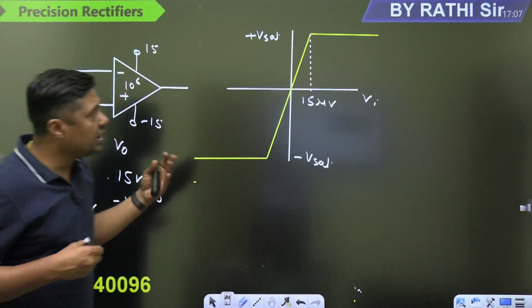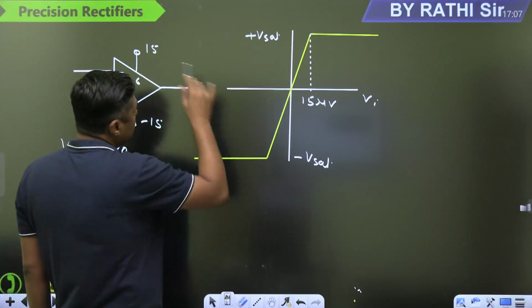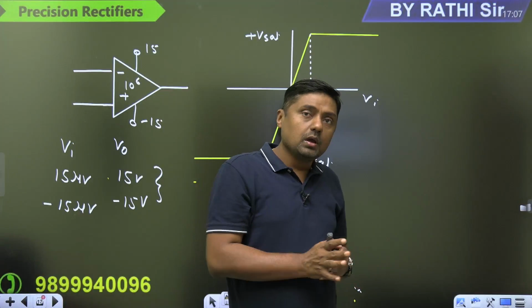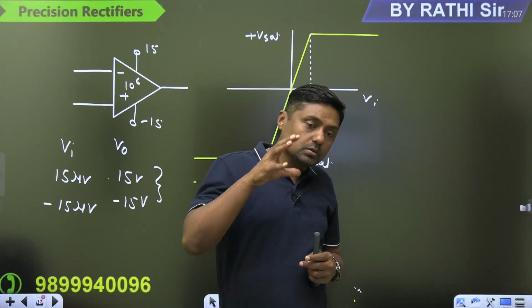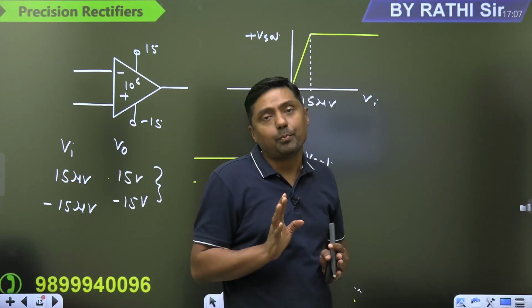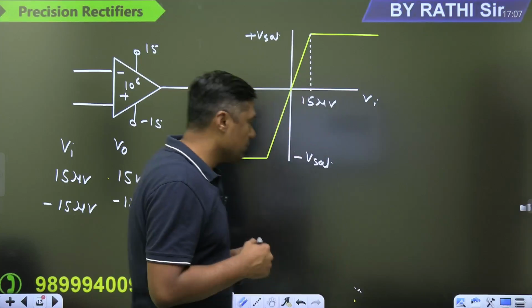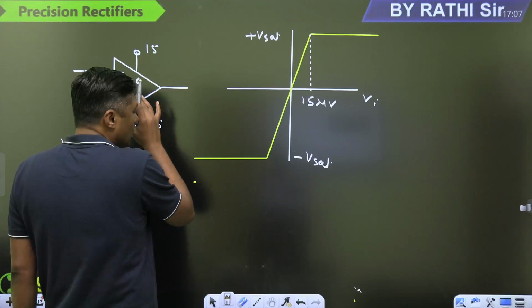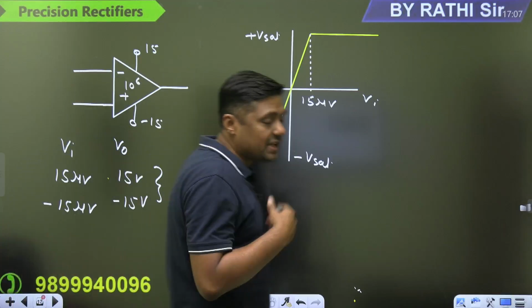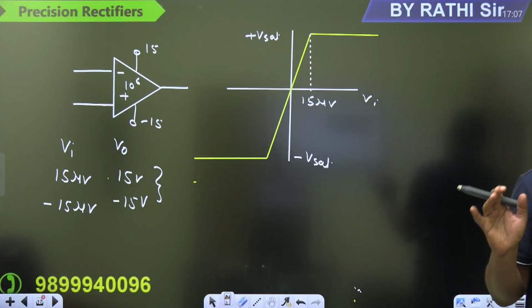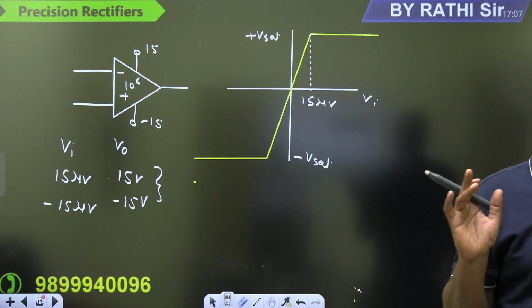When we give negative feedback, the gain of the system reduces, and that's why we can avoid saturation of the operational amplifier. Always remember, if there is negative feedback, there is a low chance of saturation. So negative feedback is provided just to avoid the saturation of the operational amplifier, guys.